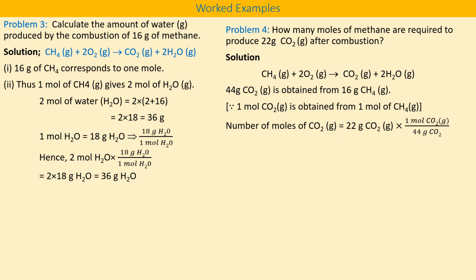That's equal to 0.5 mole carbon dioxide. Hence 0.5 mole CO2 would be obtained from 0.5 mole methane, or 0.5 mole of methane would be required to produce 22 grams of CO2.